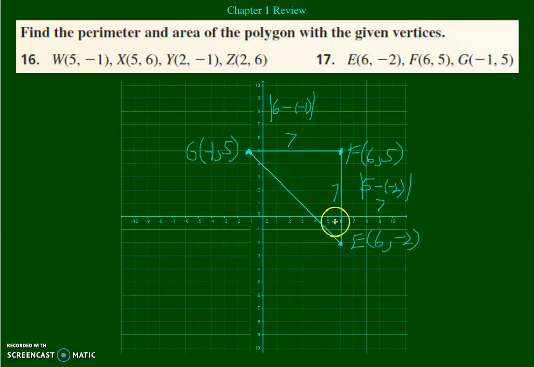Now, for the distance formula. So let's do it over here. We're just going to go ahead and stack our points. -1, 5, 6, -2, and we're going to go ahead and take the difference of our x's. -1 minus 6, -7. 5 minus -2 is 5 plus 2, 7.